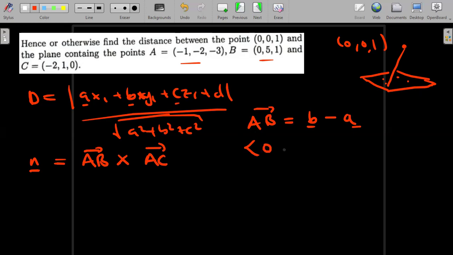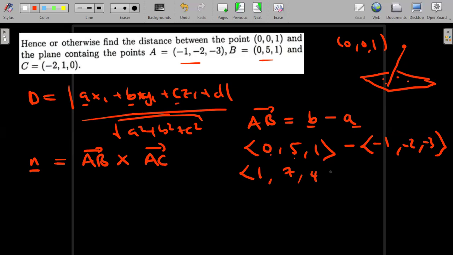It's 0, 5, 1, minus our A, which is -1, -2, -3. So 0 minus -1 is just going to be +1, then 5 minus -2, the negative multiplies the negative, you get positive, and that will be 7. Then the last one is just going to be 4. So this is what you get.